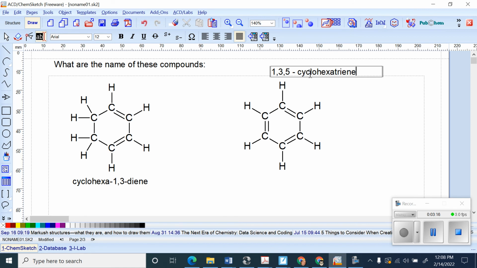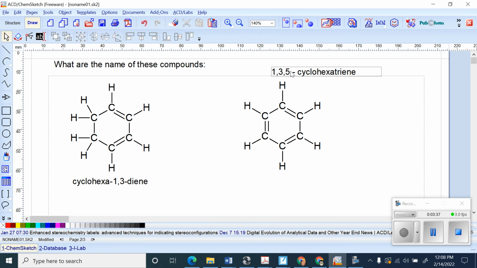And that would be the normal IUPAC rules for naming that particular compound. However, this compound is so common, it actually gets its own name. It's not wrong to call this 1,3,5-cyclohexatriene, but it's so common that it gets its own name, and that name is benzene.